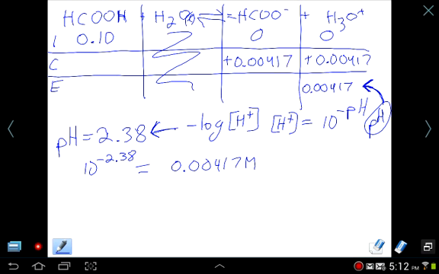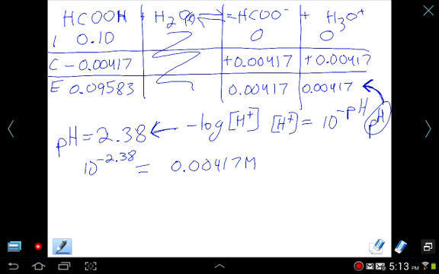So we end up with 0.00417. And then we know, since it's a 1-to-1 ratio, we must have lost this much on the original acid concentration. So if you do 0.10 minus this value, we get ourselves 0.09583.